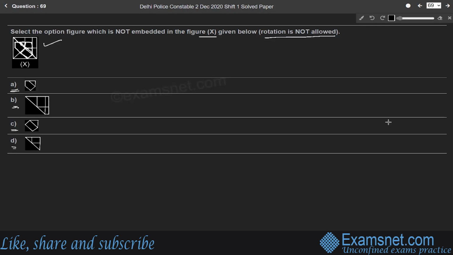In option B, the diagonal must be extended here, which is not extended up to here. So option B is not embedded in the given figure. There is a horizontal line like this, right, which is not in the given figure. Therefore, option B is not embedded in the given figure.